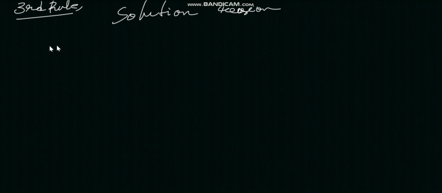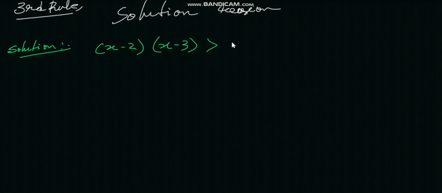Now the exciting part, let's solve the inequality. Solution: (x - 2)(x - 3) is given greater than 0. Easily you can see in the first step that this expression is in linear form and the right hand side is 0.